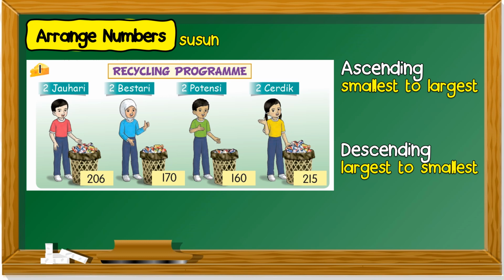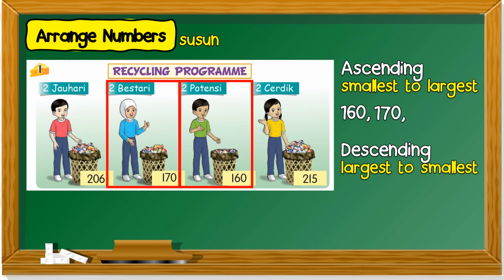So if we were to arrange it in ascending order, which number is smallest? 2 Potensi, so it's 160. Second smallest? 170. That is by 2 Bestari.